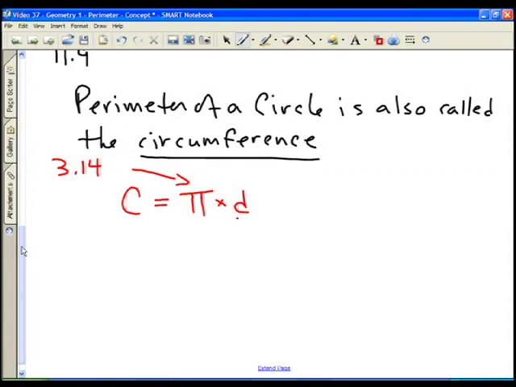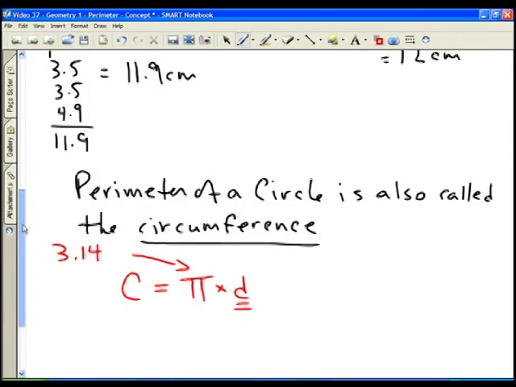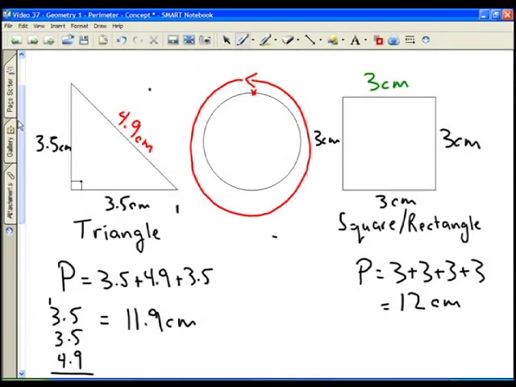Now, we do have to define this diameter. The diameter of a circle, if we see the center of the circle is here, the diameter of the circle is the distance through the center from end to end. So the diameter of this circle would be the length of this red line that I've just drawn.